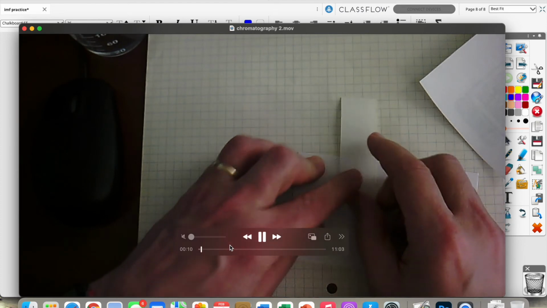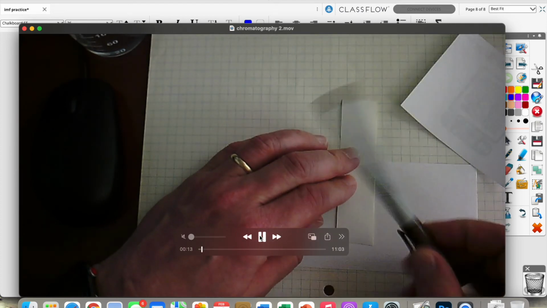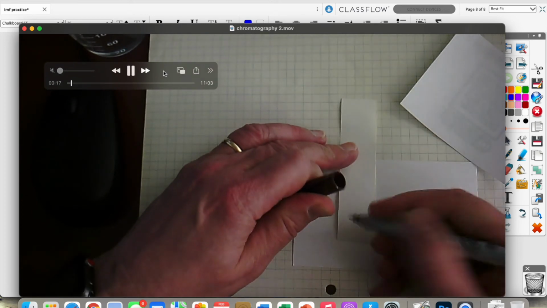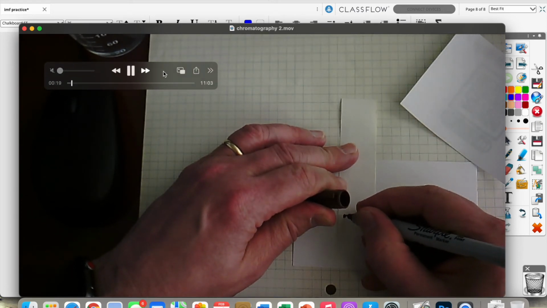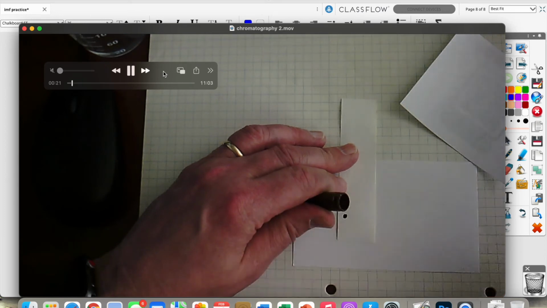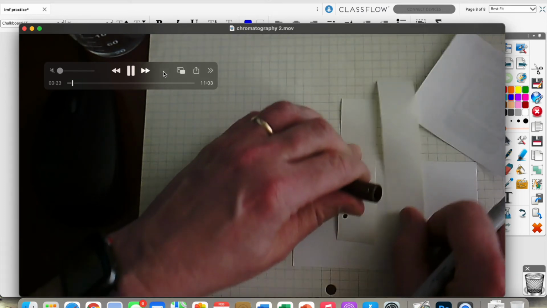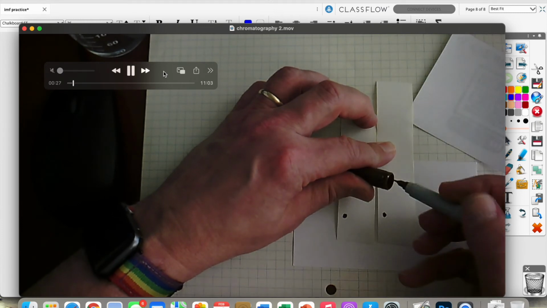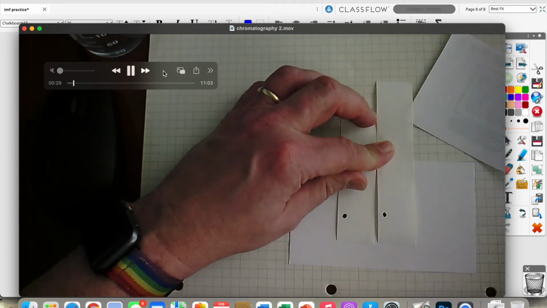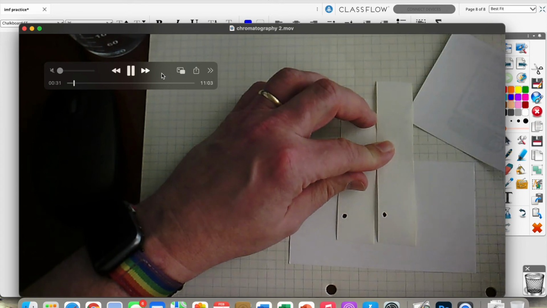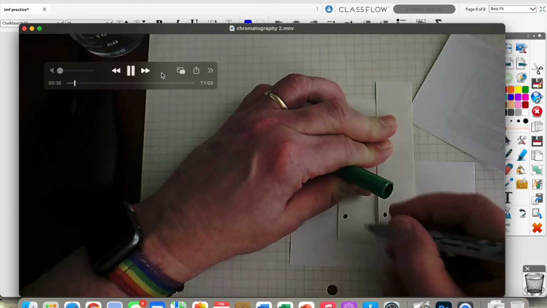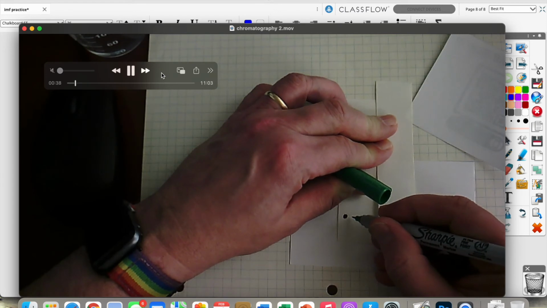So all we did was take two pieces of filter paper and dot them with two kinds of markers. On the left side, I have permanent markers, or Sharpies, and I use two different colors. I'm doing the same pattern on both papers. So I have a brown Sharpie and a green Sharpie, and we made two permanent marker dots on these pieces of paper.